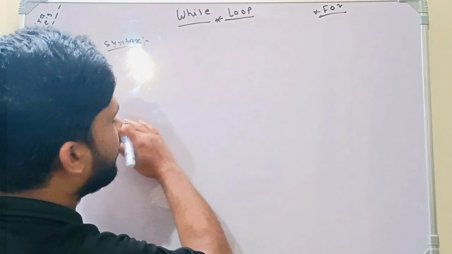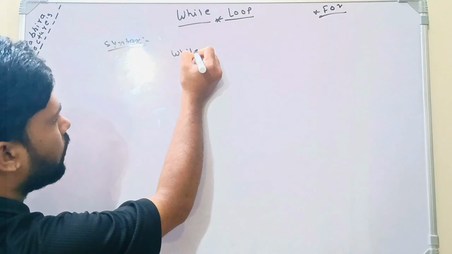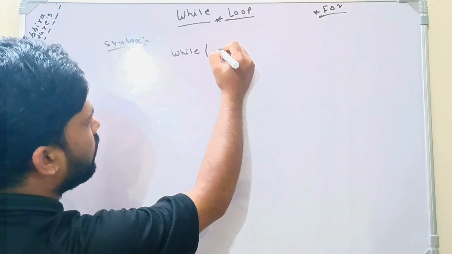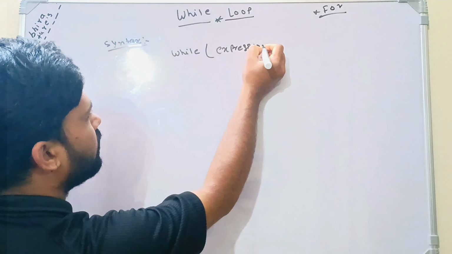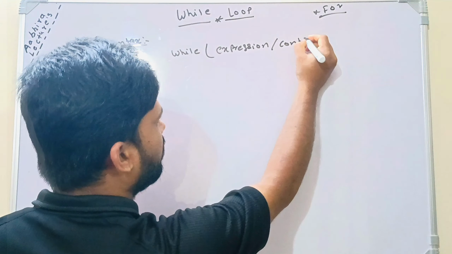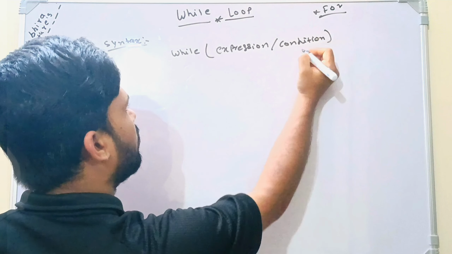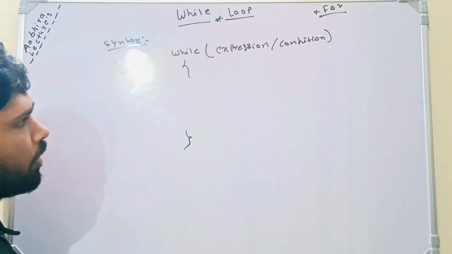So the general syntax of while loop. First will come while, then the expression, that is the condition. Then open the curly bracket and close the curly bracket.